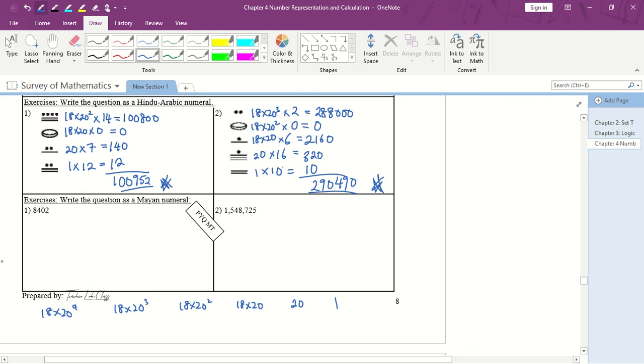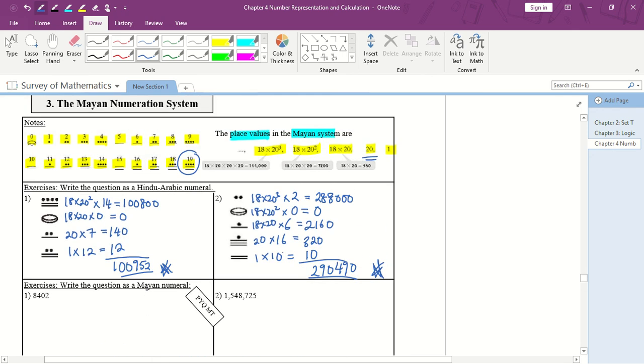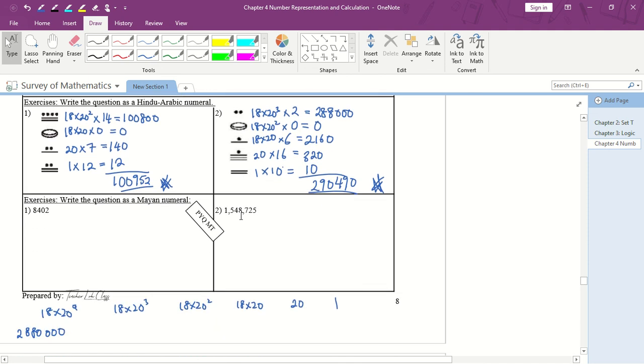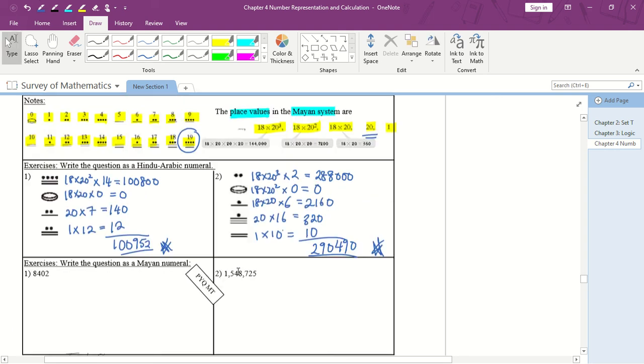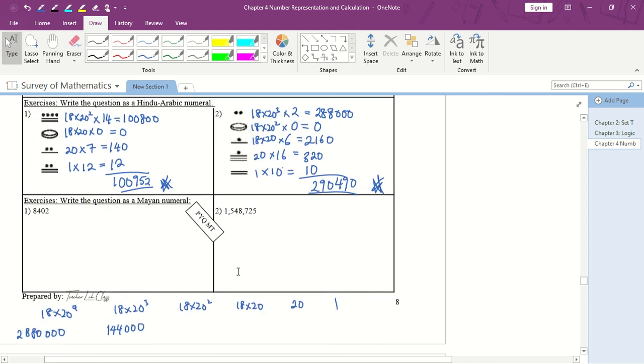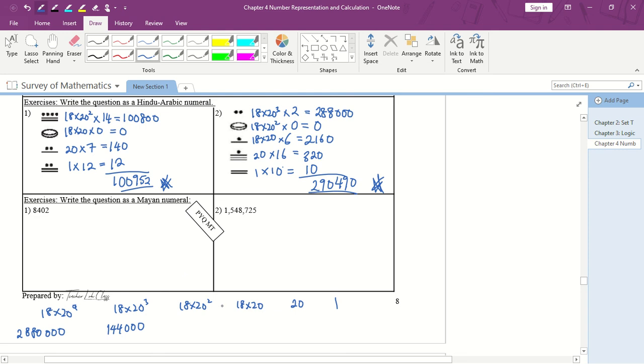Okay, for example, I write here 18 times 20 to the power of 4 is equal to 2880000. 18 times 20 cube is 144000. 18 times 20 square will be 7200.